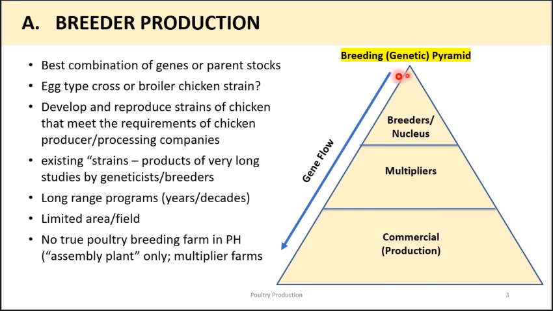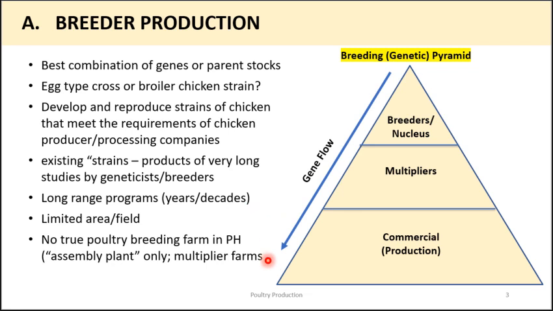Okay? This small proportion of breeders or nucleus farms could be attributed to a number of factors. One factor is that it takes years. As you can see here, it is a long-range program. So it takes years or even decades to produce a breeder animal, whatever animal that is.